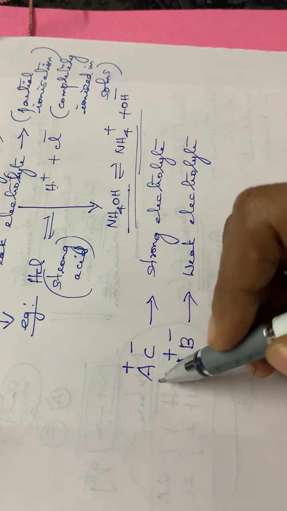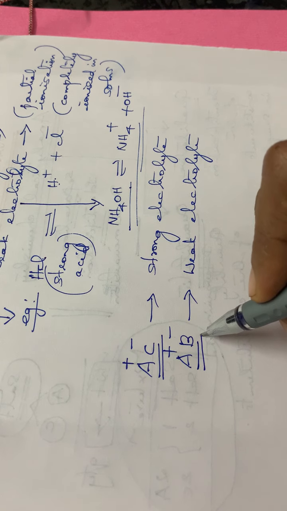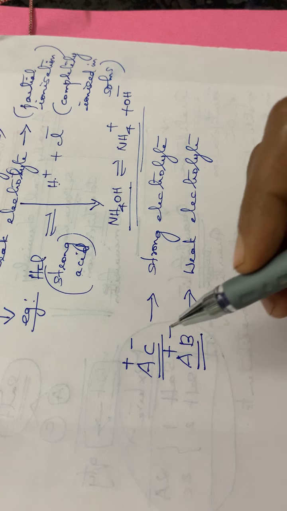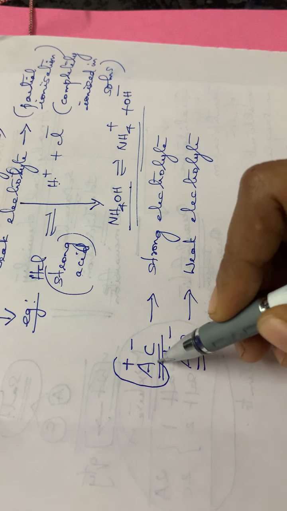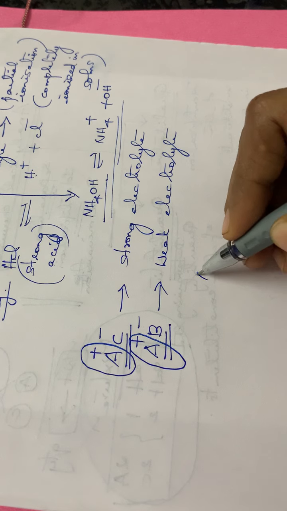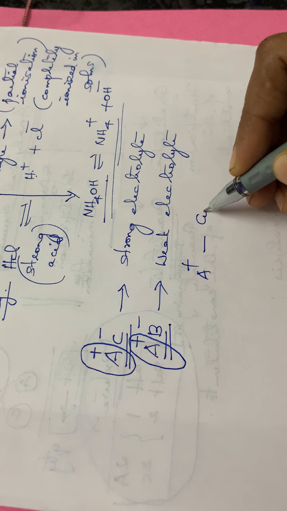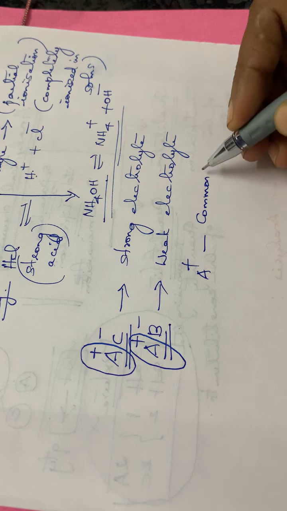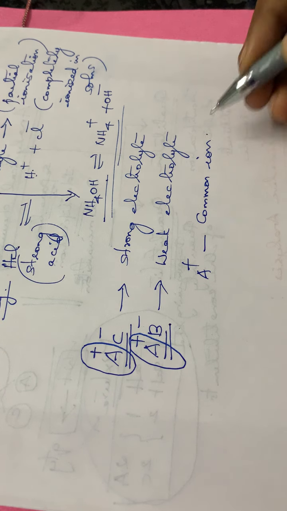You can see in both the strong and the weak electrolyte, one ion is in common, isn't it? Which is that ion? It is A plus, isn't it? A plus is the ion in common in both the strong and weak electrolyte.